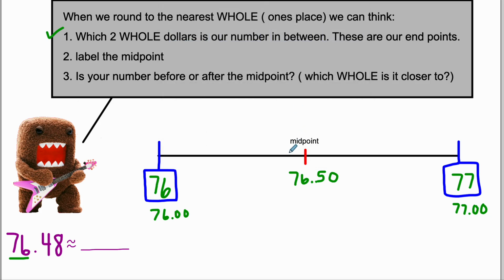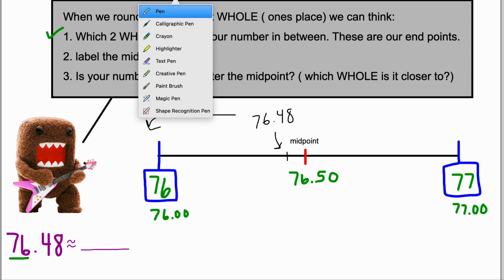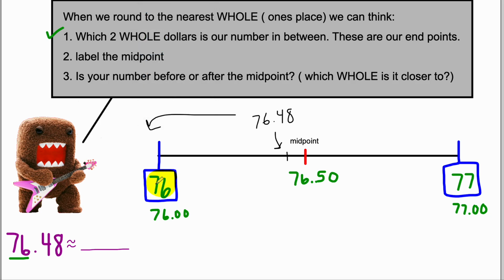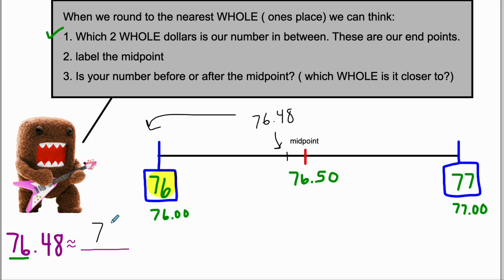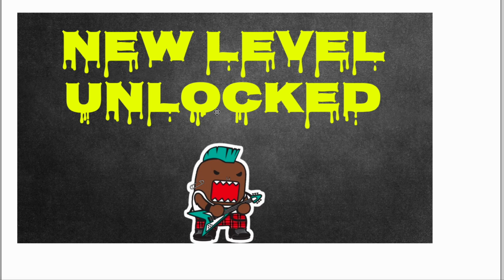Yeah, it's 2 pennies less, 2 hundredths less than $76.50. It's about right here. And since it hasn't quite reached the midpoint yet, it's closer to 76 whole dollars. So it's going to round to $76. Cool, moving on. You've unlocked a new level!